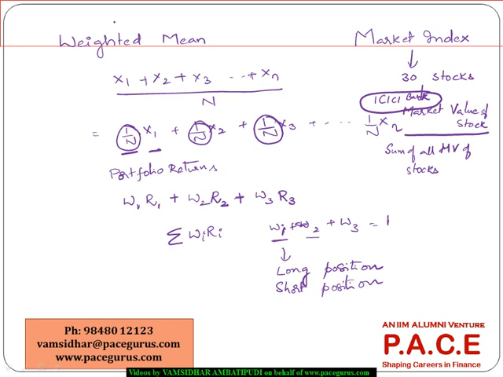So most of the times what may happen is this weighted mean I may compute based on the past data. But this weighted mean could be computed even on forward looking or futuristic expected data.